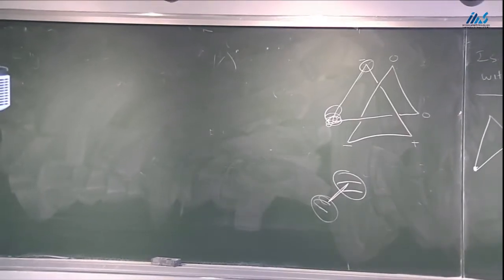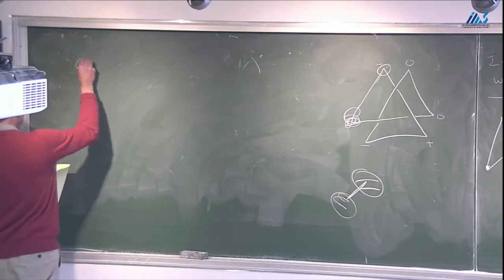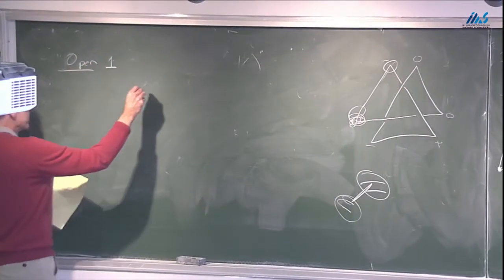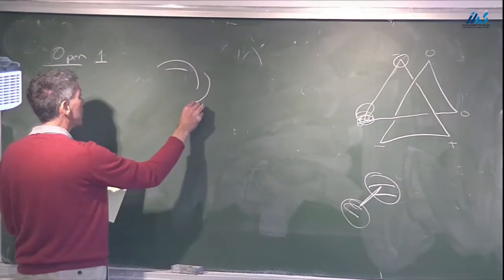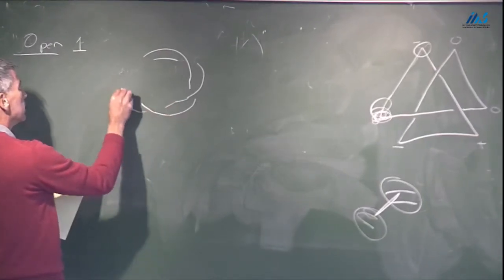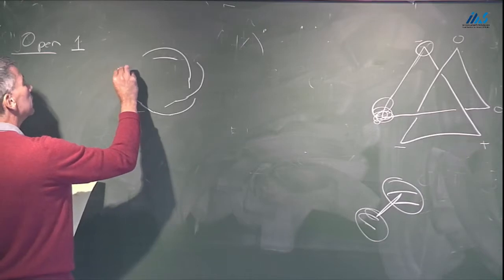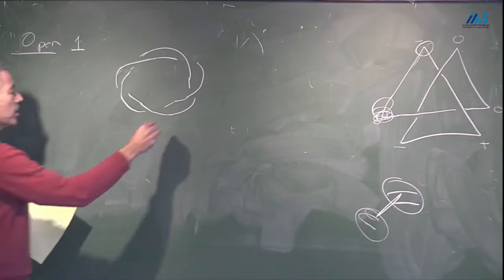Okay, so let's look at open problem number 1. So this is if you take the 2n torus knot, which is a very simple knot. So you can take n crossings this way.